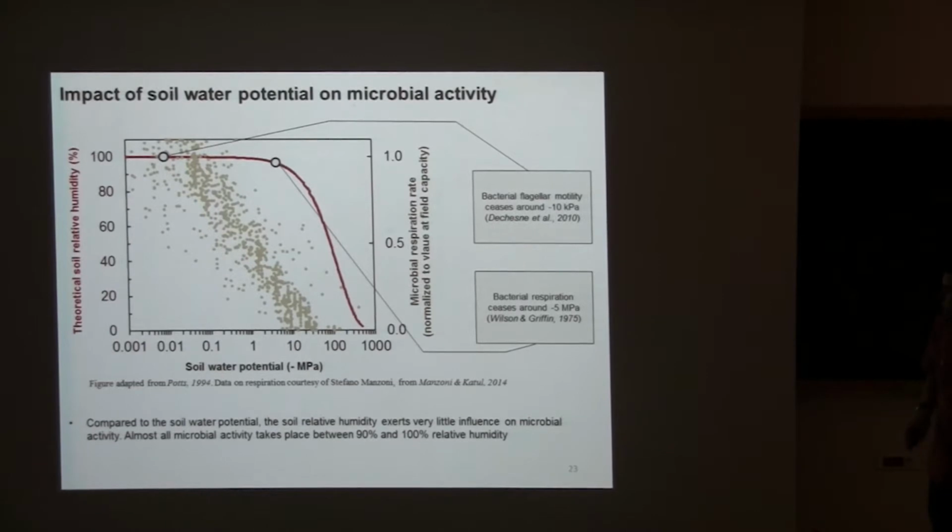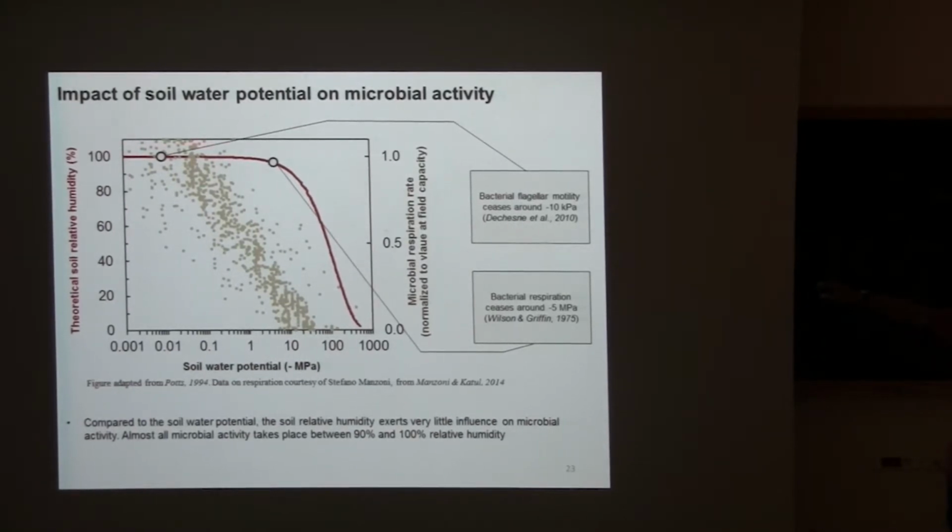A few interesting things. When you look, there's this very nice decrease of the respiration as you decrease the soil water potential. But you don't see that clearly with the relative humidity. So the soil remains pretty humid. Relative humidity is high across many values of soil water potential.